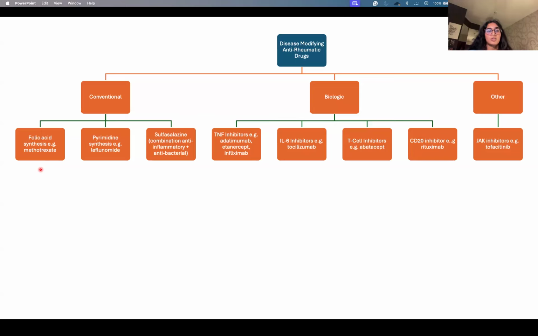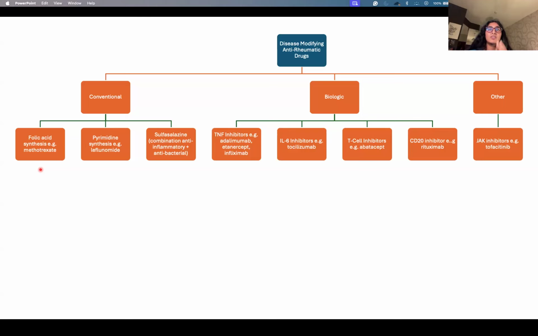It's one of those drugs that you want to know well in your OSCEs because you could be asked to counsel on them. In terms of side effects, they're exactly what you'd expect if you're suppressing the metabolic activity of a lot of the cells of your body. So myelosuppression, for example, hepatotoxicity, you get pulmonary fibrosis with the use of methotrexate as well.